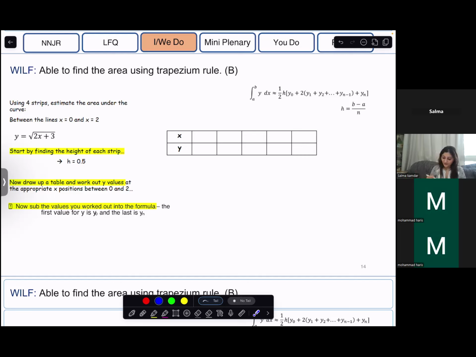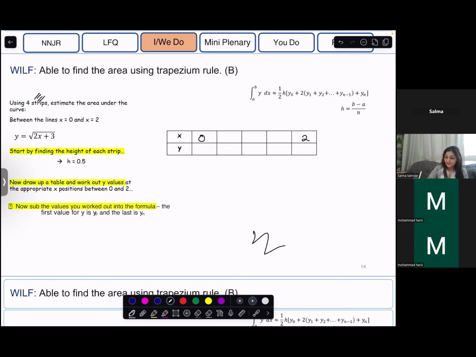So how would you find the h for me? I would find it by 2 minus 0, divided by 4. It is going to start with 0, end at 2, and your number of strips is 4.